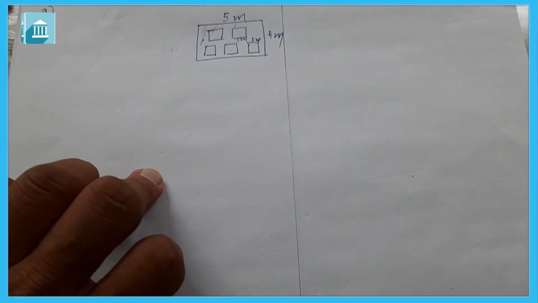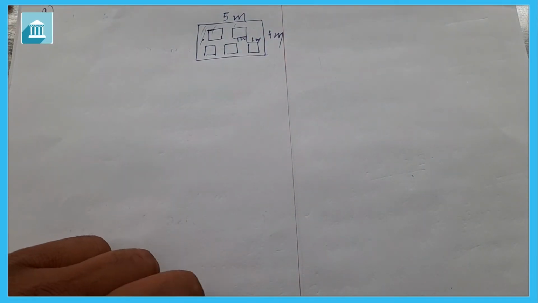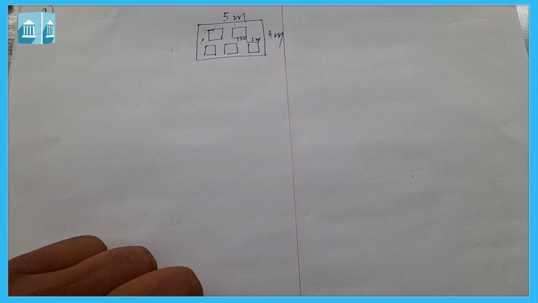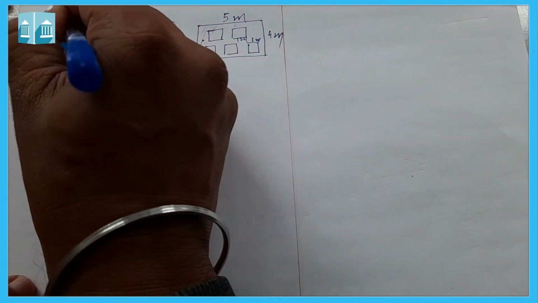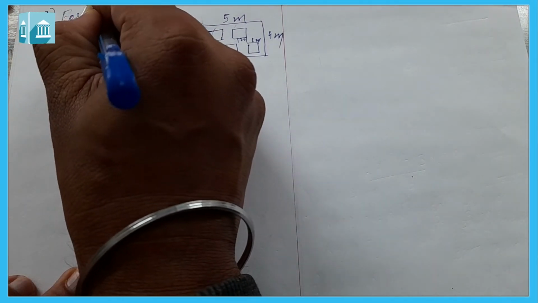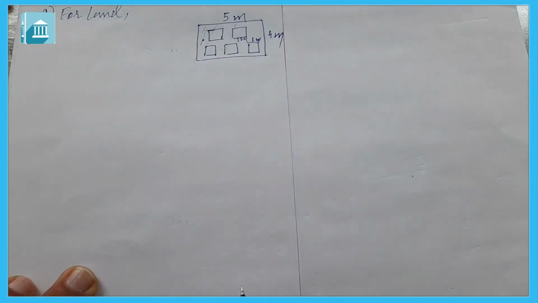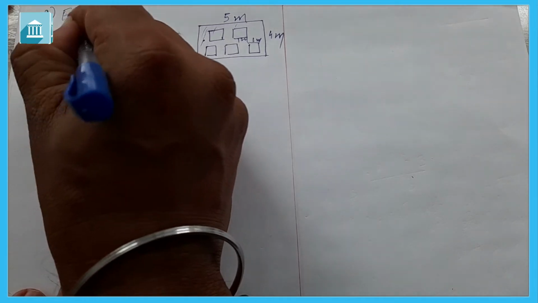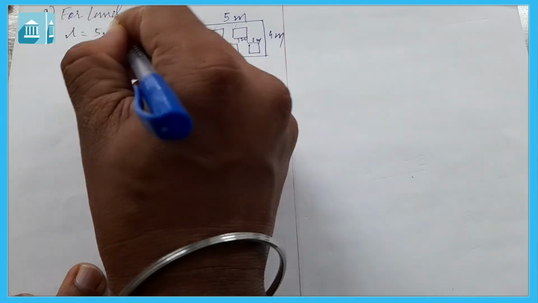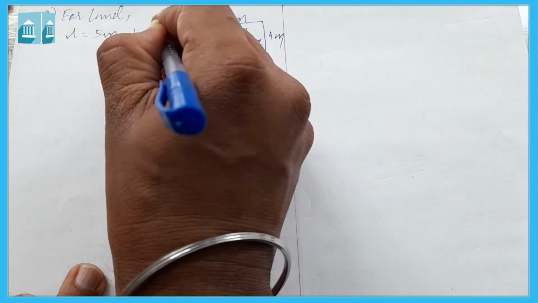So first we have to find out the area of rectangle, then the area of the 5 flower beds, and then we have to subtract it. So for the rectangular land, it is given L is equal to 5 meter, B is equal to 4 meter.